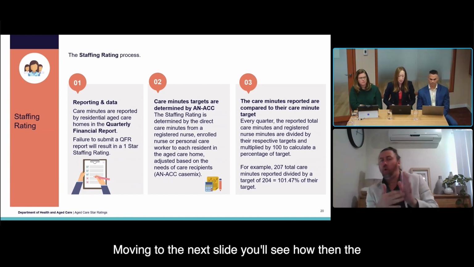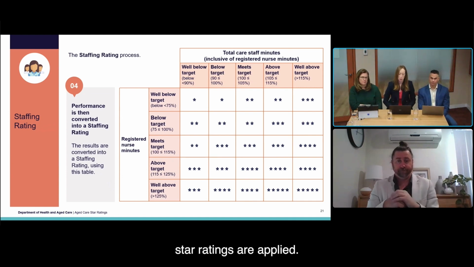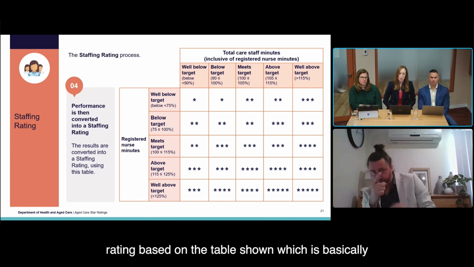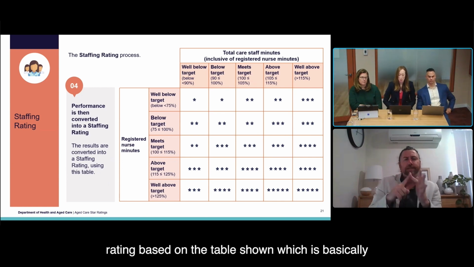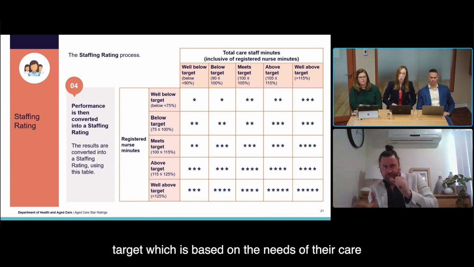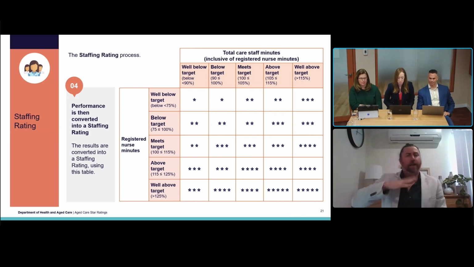Moving to the next slide, you'll see how then the star ratings are applied. So care minutes are converted into the staffing rating based on the table shown, which is basically the degree to which the home meets or exceeds their target, which is based on the needs of their care recipient population.